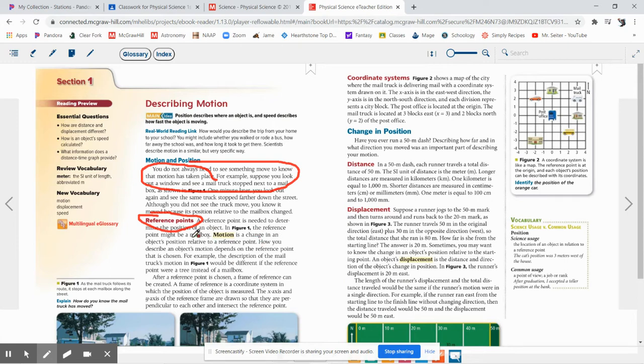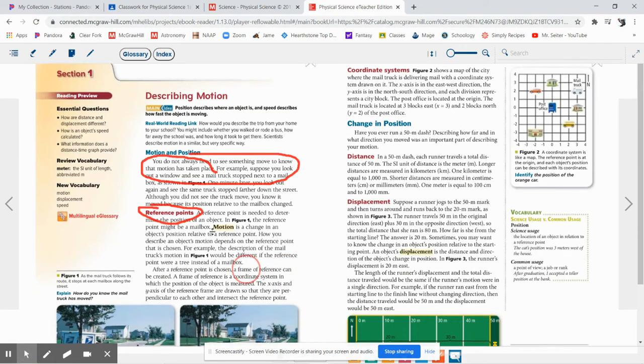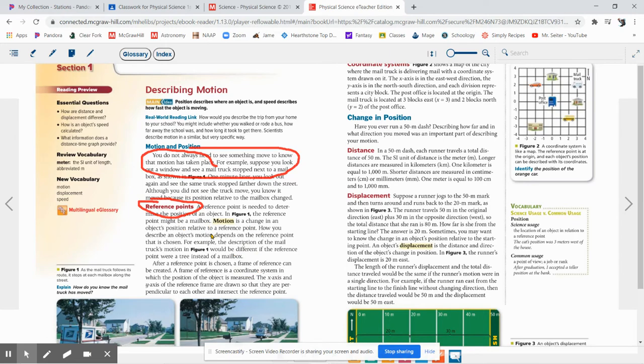Motion is a change in an object's position relative to a reference point.